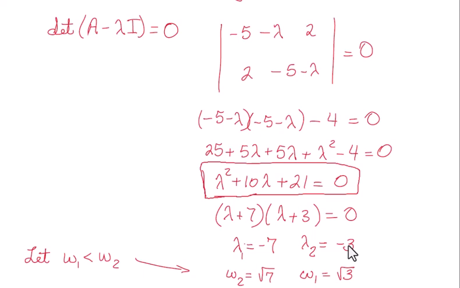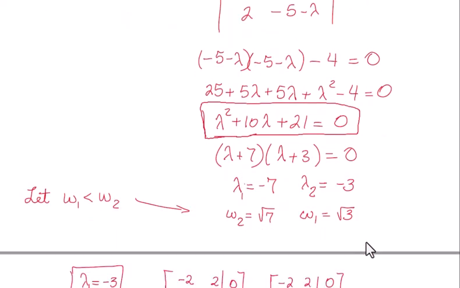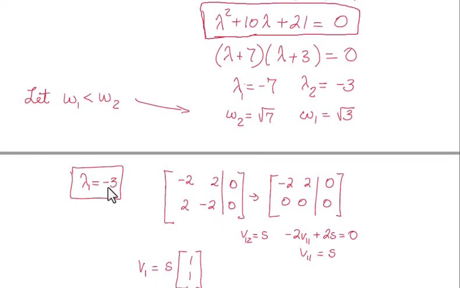Now in the solution, they tell you they want omega 1 less than omega 2. So I could have written this a different way. I'm just going to relabel that the smaller one is square root of 3 and the larger one is square root of 7. All right, so if I use the eigenvalue of minus 3, plug that in, I can simply add row 1 to row 2, and I get a row of zeros. We've done this trick before.